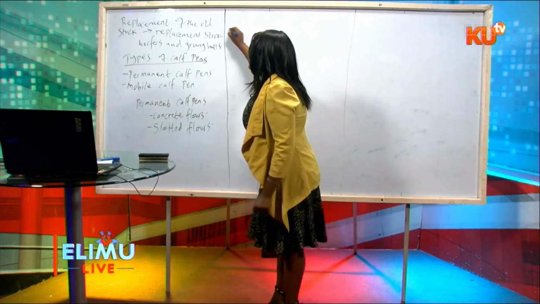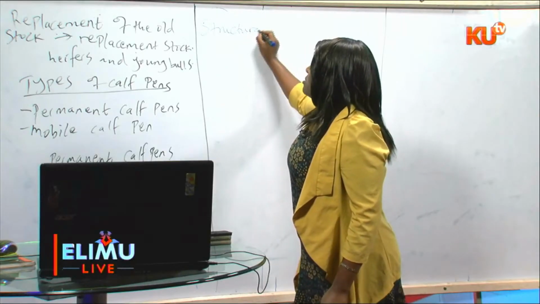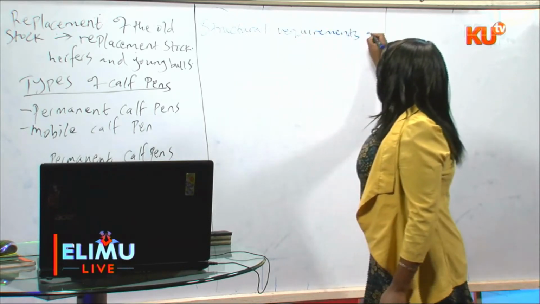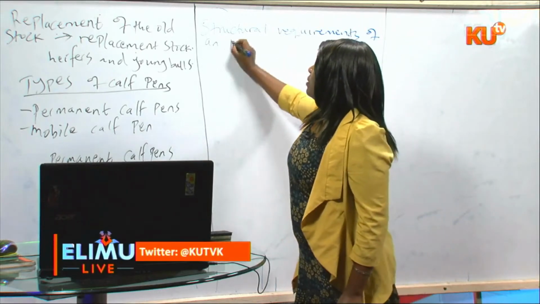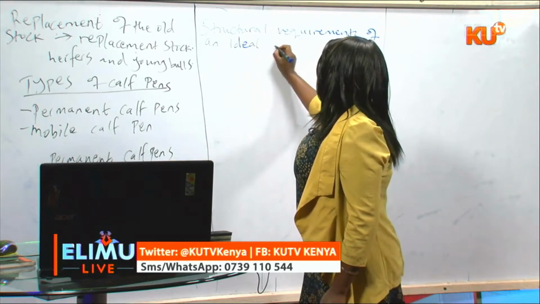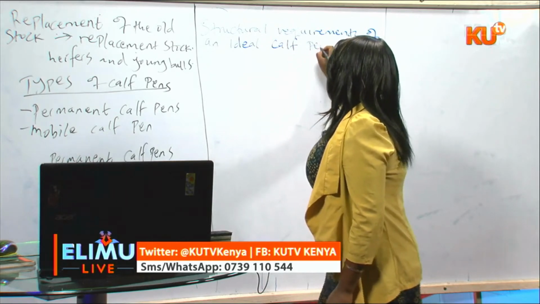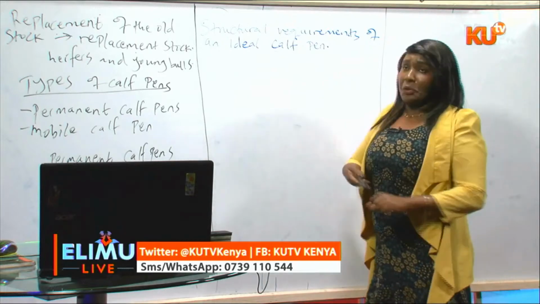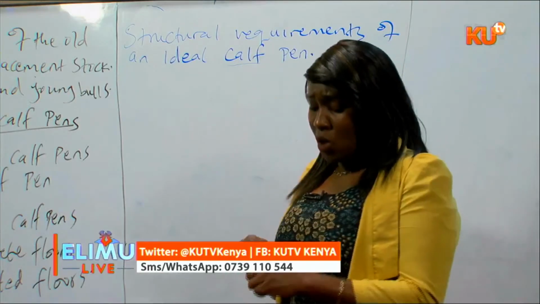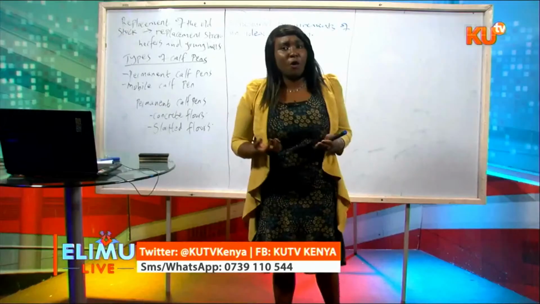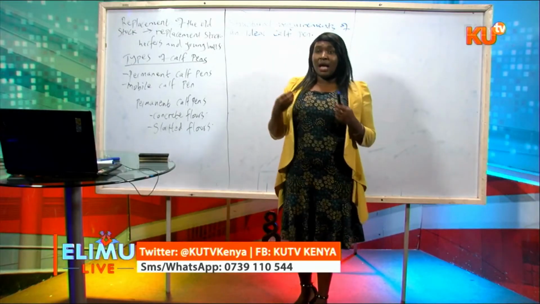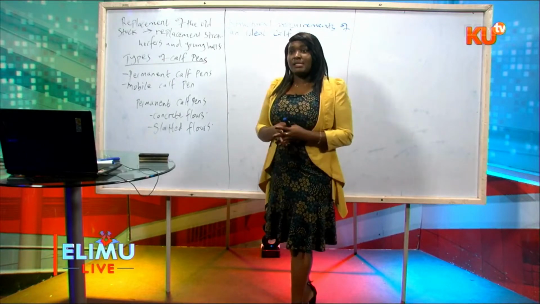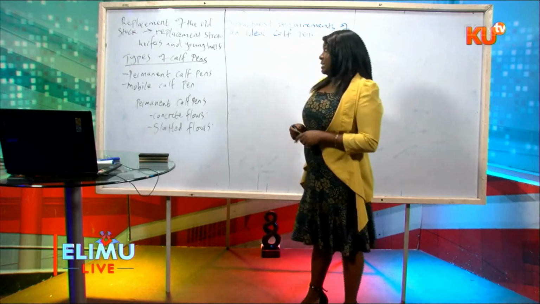Structural requirements of an ideal calf pen. Now, structural requirements. What do we require? What do we look for when we are trying to construct a calf pen? A calf pen that is going to serve our animals effectively and efficiently.